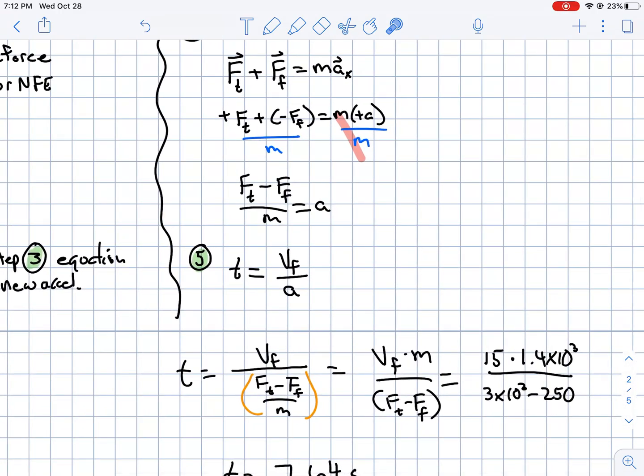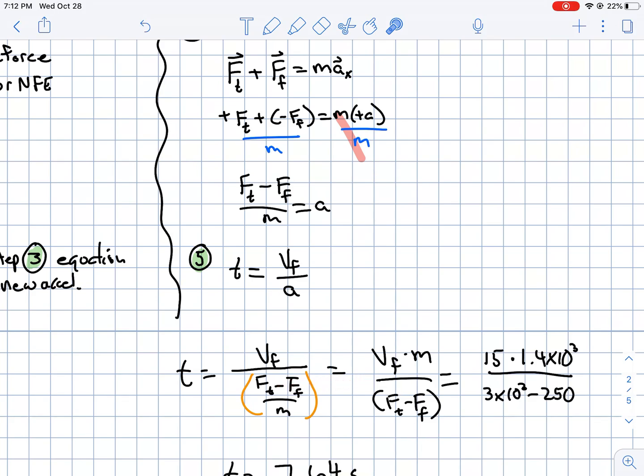Step 3 from before was that the time is equal to the final velocity divided by acceleration. Down here, I'm substituting in my new acceleration. This is the acceleration here, and you can see with these orange parentheses around it, that has replaced what used to be an A.